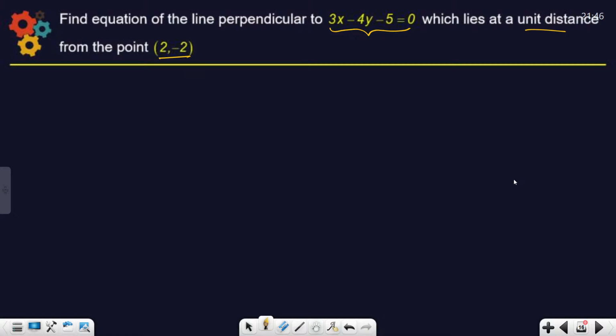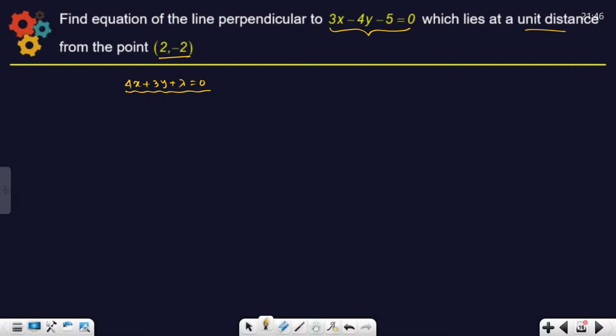Is it clear? So what I will write? Any line which is perpendicular to this line is 4x plus 3y plus lambda equals 0. I'm not doing this sum; I hope you can do it after getting this family of lines.